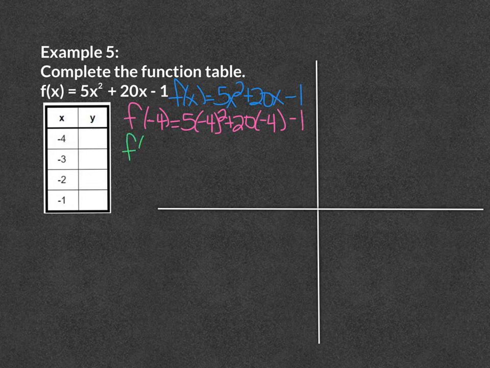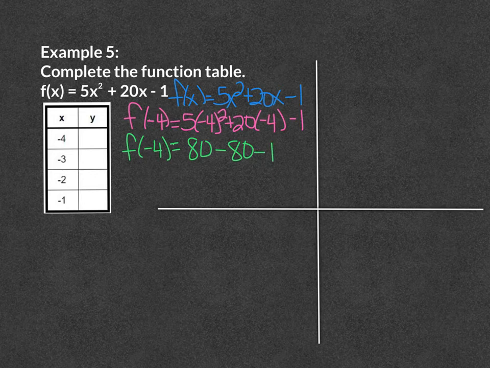So I have f of negative 4 equals negative 4 squared is 16 times 5 will give me 80. 20 times negative 4 will give me negative 80. And then I'm going to bring down negative 1.